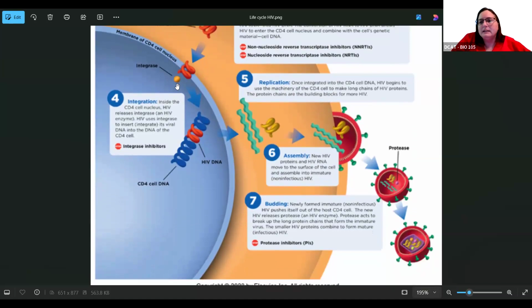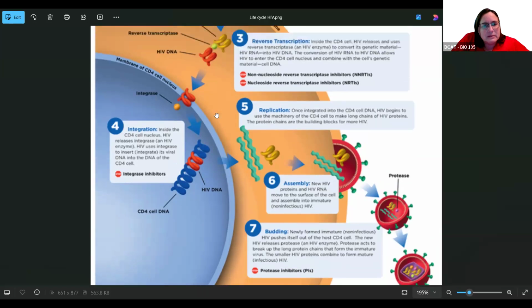Once it's in that CD4 cell, the HIV virus is going to release this integrase here, which is going to allow it, this blue part here is the DNA of the CD4 cell, to integrate or add itself in, or mix its DNA in with the DNA of that CD4 cell.